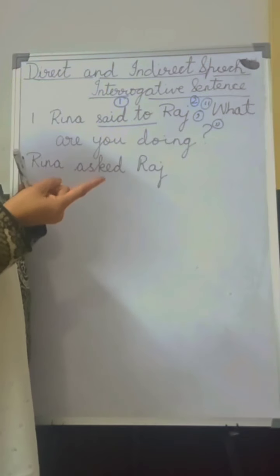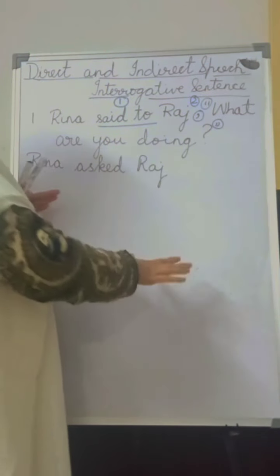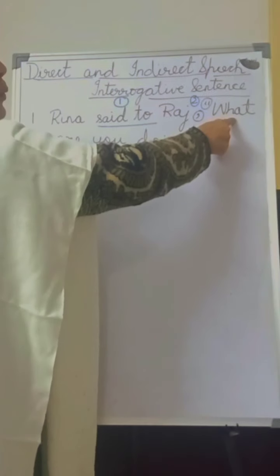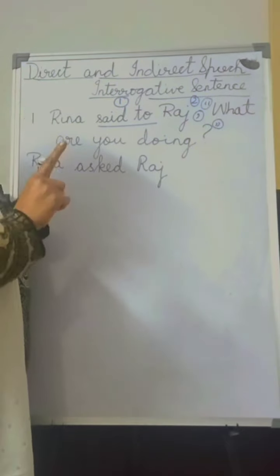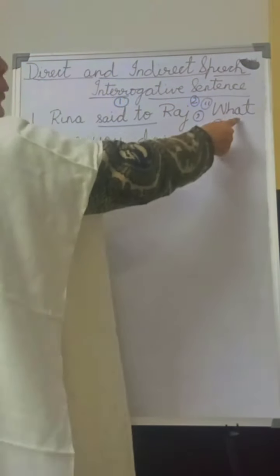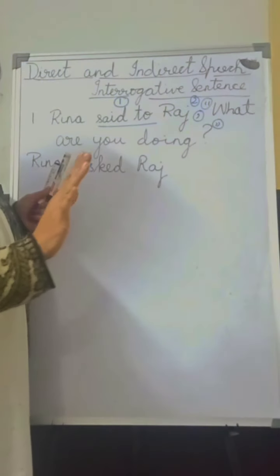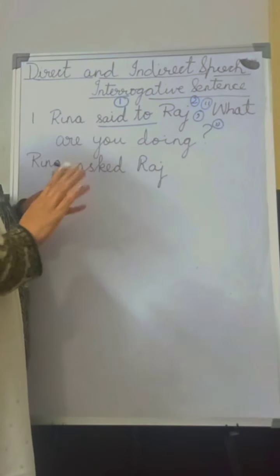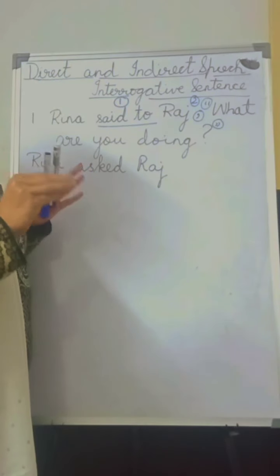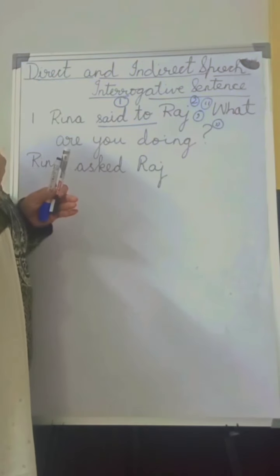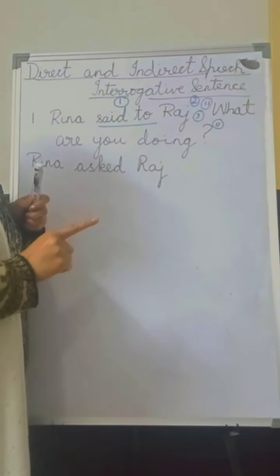One starts with question words, and the other starts with auxiliary verbs. Right now we are doing the interrogative sentences which start with a question word. When an interrogative sentence starts with a question word, we simply remove these commas and inverted commas. No replacement is there. We will not use any conjunction or anything in place of these. We will just remove them.